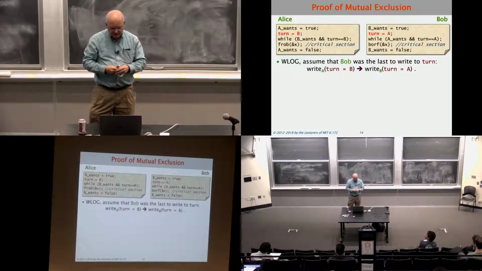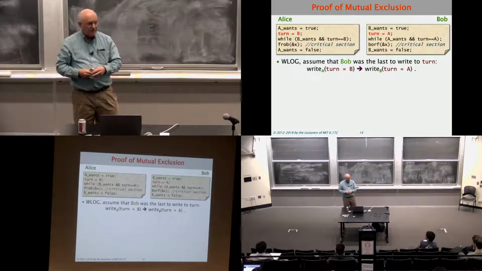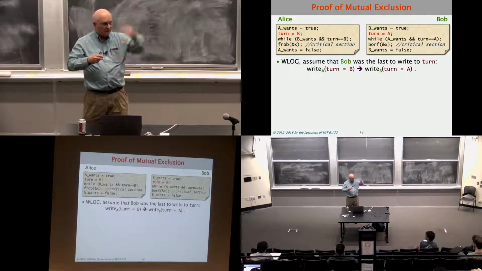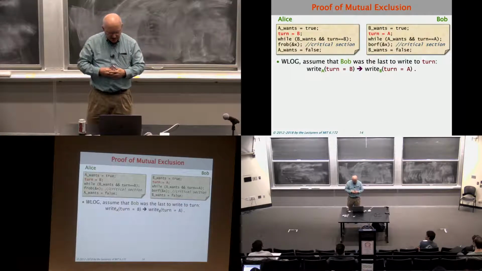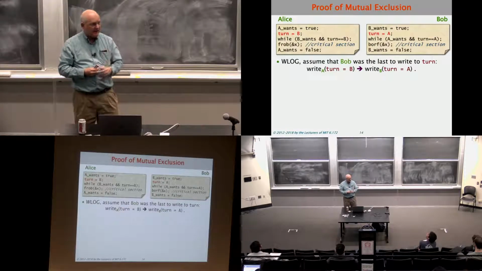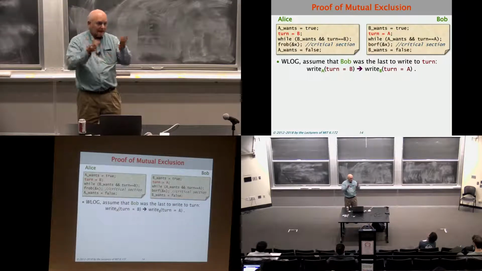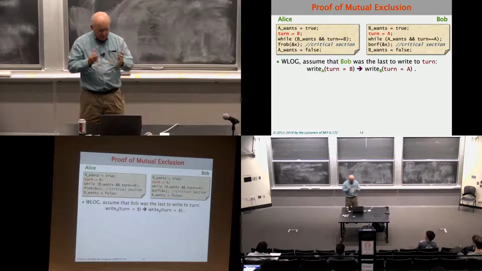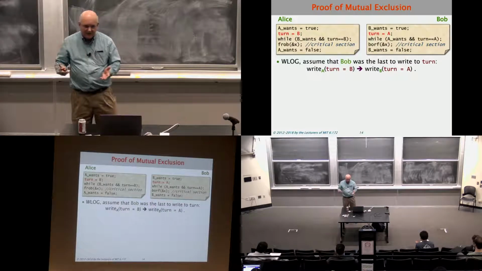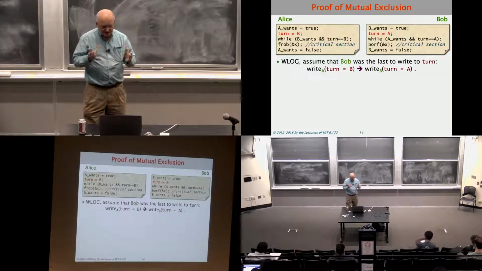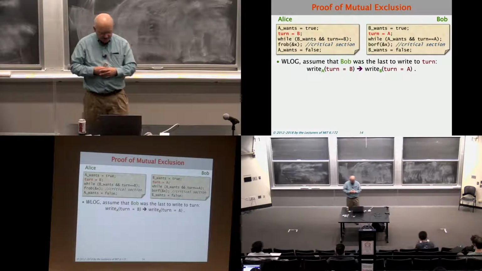So without loss of generality, let's assume that Bob, we have some linear order, and to be in the critical section, Alice and Bob both had to set the variable turn. So one of them had to do it first. I'm going to assume without loss of generality that was Bob because I can otherwise make exactly the same argument for Alice. So let's assume that Bob is the last one to write to turn.